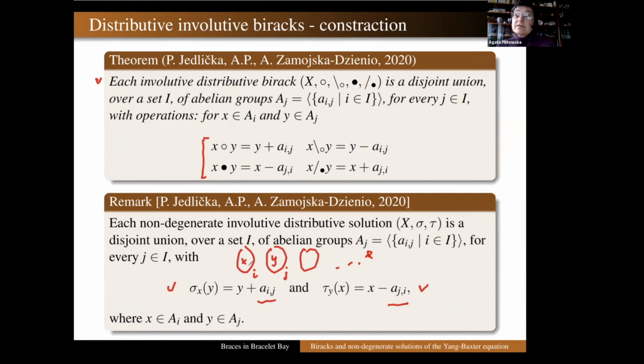If x is from component i and y is from component j, then the image sigma_x of y is the sum of this element y plus the appropriate generator of one of these abelian groups, in this case from the abelian group with subscript j.